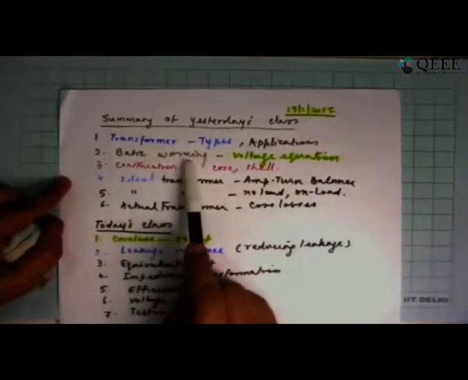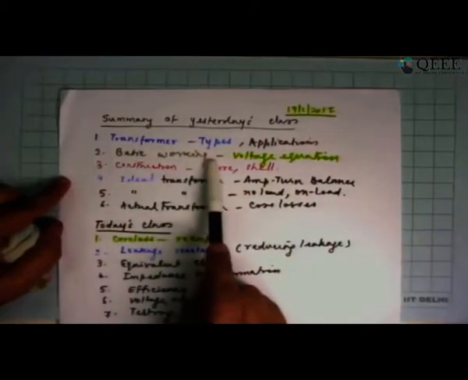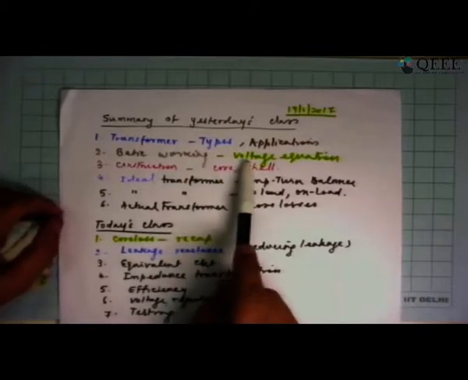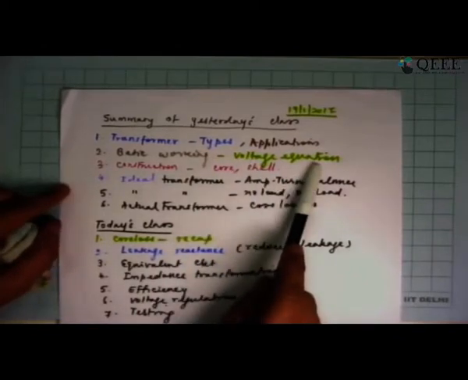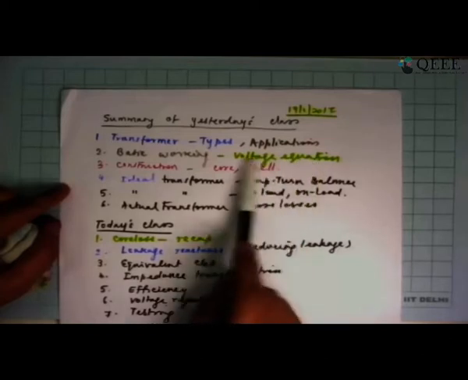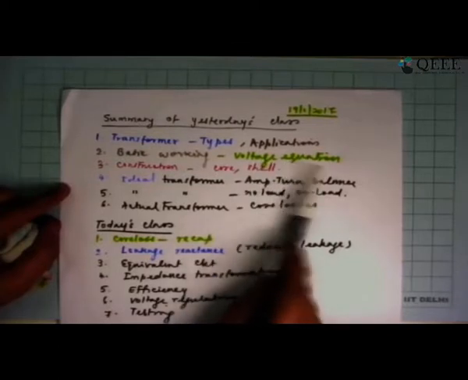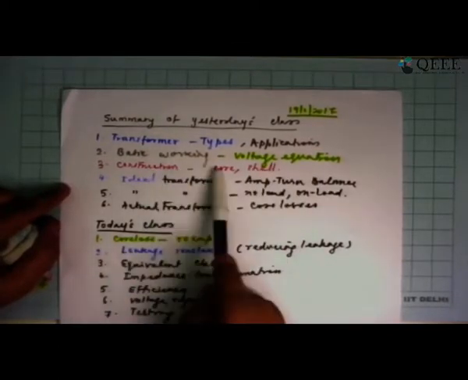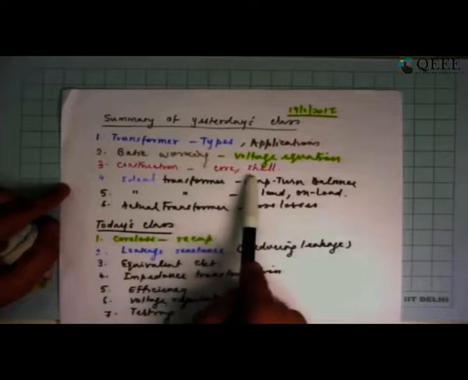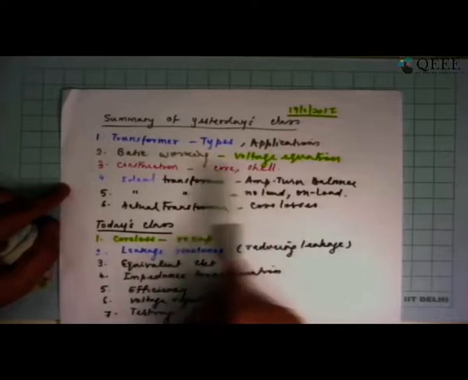We had looked at the basic working of the transformer with Faraday's law of electromagnetic induction, and we had derived the voltage equation based on that, where we said that the flux density or flux is proportional to the voltage to frequency ratio. We had taken a look at the construction, core type and shell type transformer.